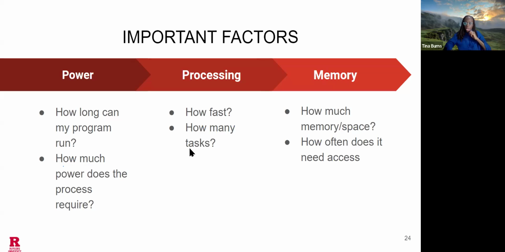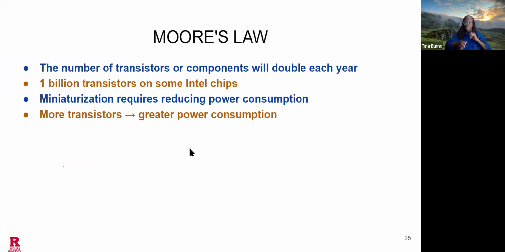So as we think about that, power is going to be the first thing that we look at. How can I optimize my power? And what impacts my power? Well, let's look at Moore's Law. Moore's Law says that the number of transistors or components is going to double each year. Some of the Intel chips that we have today have over 1 billion transistors.